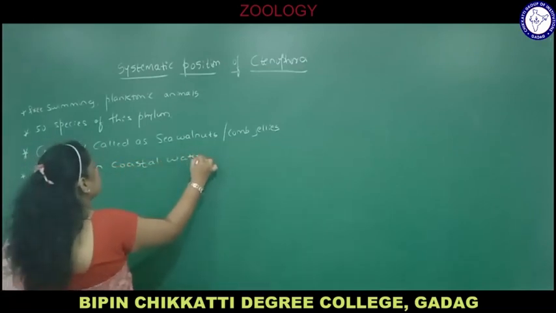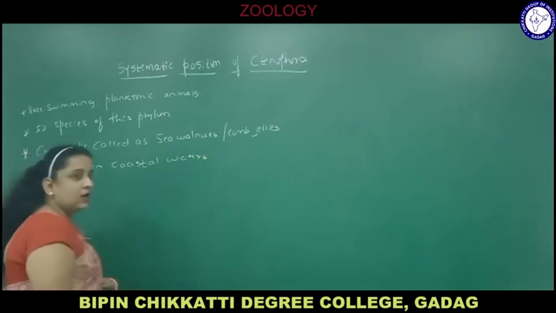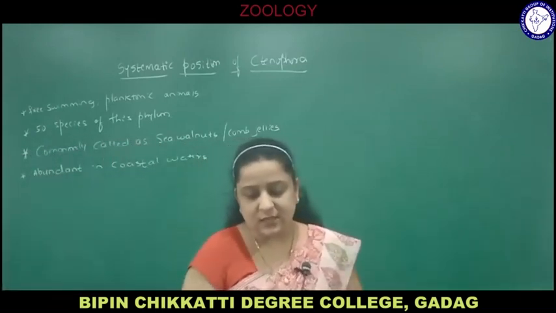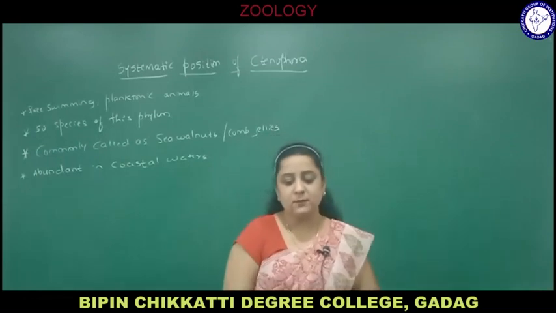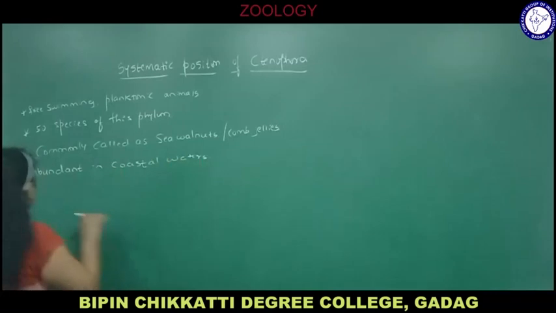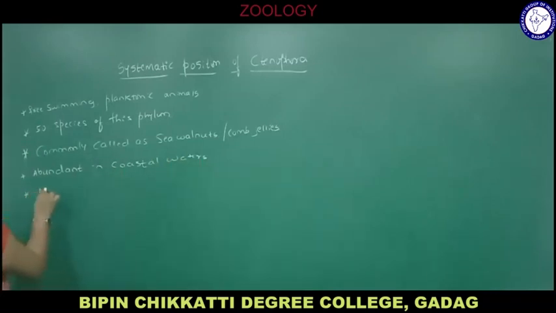Now coming to the classification or systematic position: the first definite description of Ctenophora was given by a scientist called Martens in 1671.